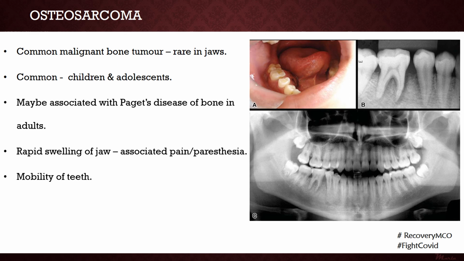The spread of the lesion within the bone generally results in ill-defined radiolucencies, that is, the resorption of the bone will also result in mobility of teeth. So an unexplained mobility may be indicative of a malignant process. When assessing mobility, periodontal causes should be ruled out first before considering a possibility of a malignancy.